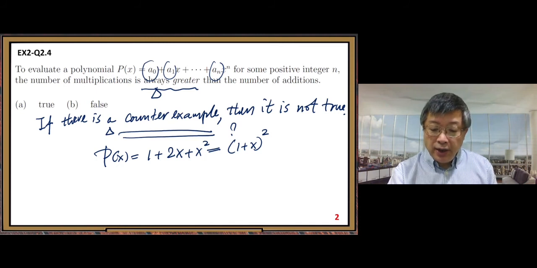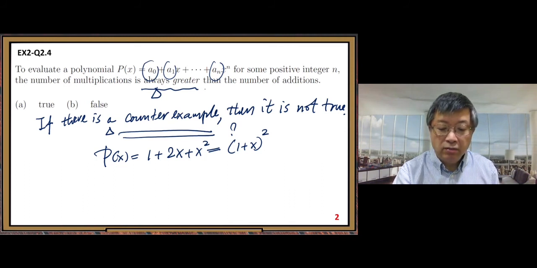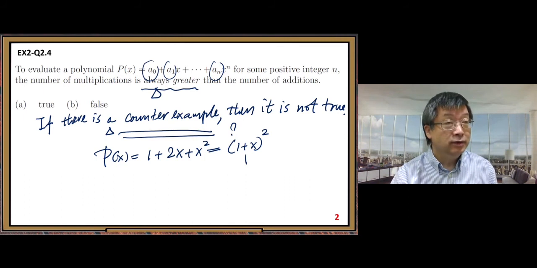Look at here. The number of multiplications is not greater than the number of additions, right? Actually, here the number of additions is 1 and the number of multiplications is 1. So the same. And if we use Horner's rule, equal, right?